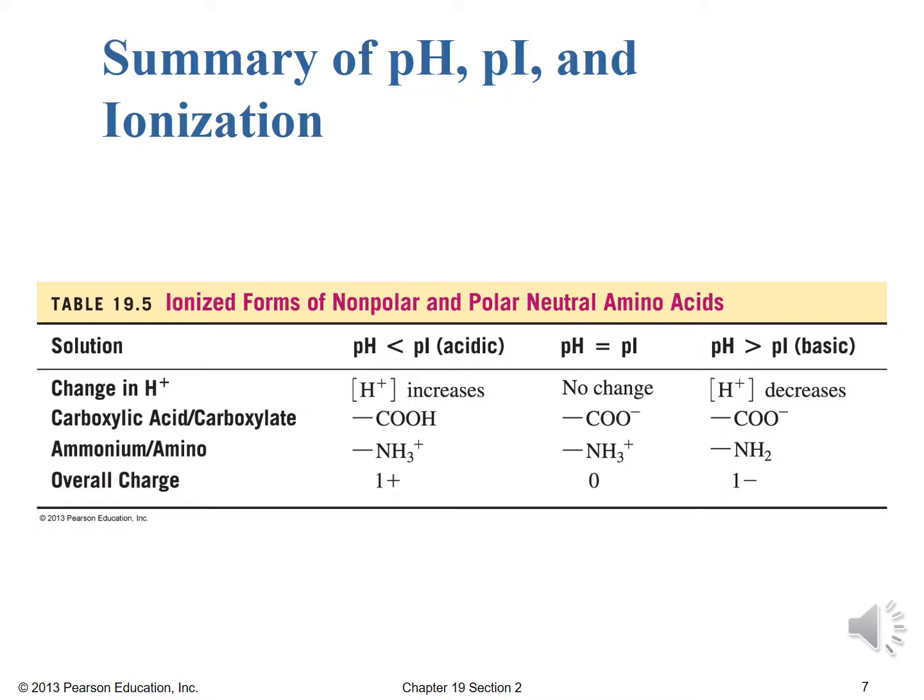The carboxylic acid group is still going to be in the carboxylate form, and therefore we're going to have an overall charge of 1 minus in that scenario. So hopefully you've wrapped your mind around these different possibilities. And again, these are the easy ones, right? These are the nonpolar or polar neutral amino acids. Wait till we talk about the ionizable side chains.